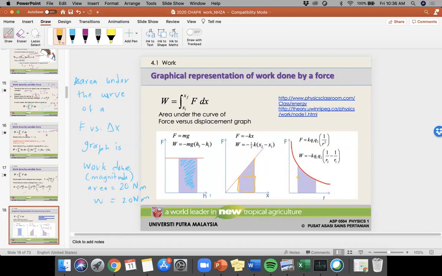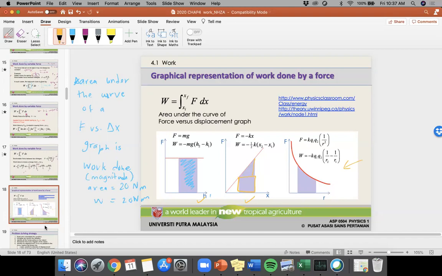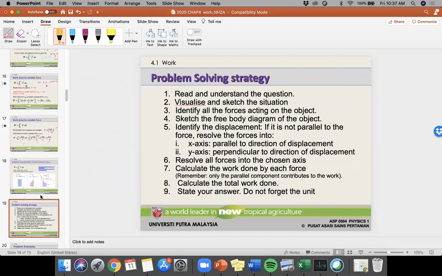For this guy, you need to use integration. But I don't think this will be a question on the exam. Only examples like this. So area under the curve gives you the magnitude of work done. Positive or negative depends on the question. Depends on which force.